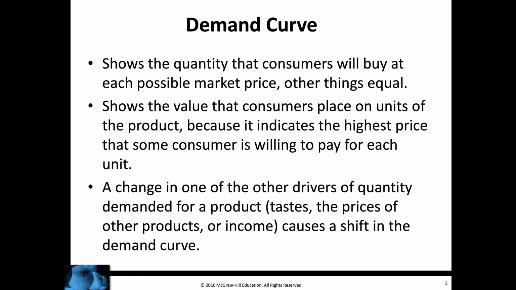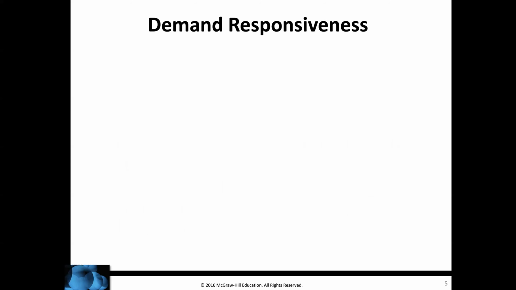And a change in one of the other drivers of quantity demanded for a product, such as taste, the prices of other products, or income, causes a shift in the demand curve. So we can either move along the demand curve depending on market price, or if there is a change in one of the other drivers of quantity, it can shift the entire demand curve, and we'll get into some of that as we go through this course.